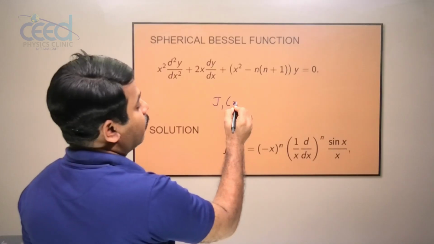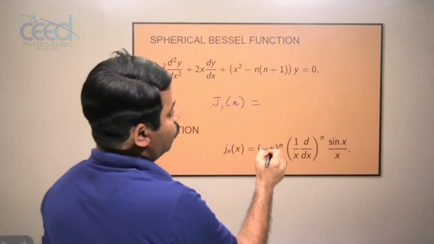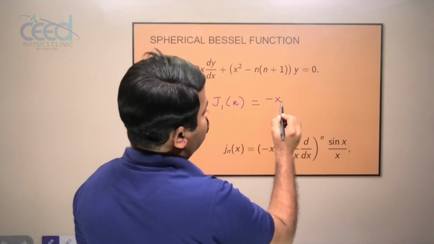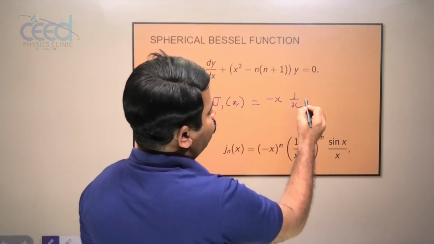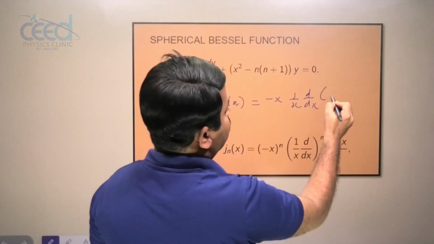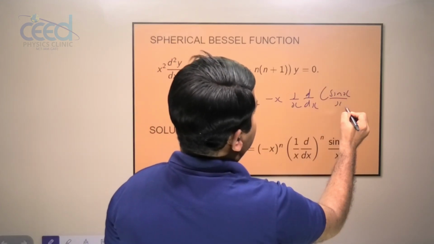j1 of x is equal to minus x into (1 by x into d by dx of sin x by x) raised to 1.